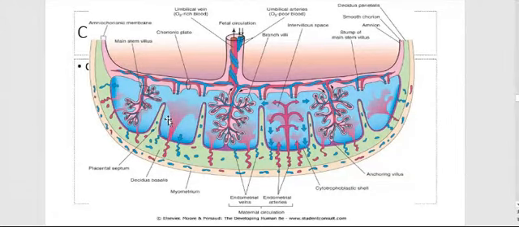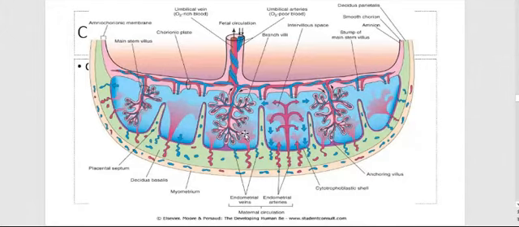They are filling these spaces, which are colored blue, with blood. These are the intervillous spaces, and these are the chorionic villi. This is a fetal cotyledon. In one maternal cotyledon, you can even find as many as 4 fetal cotyledons.